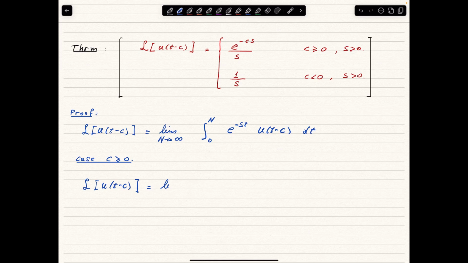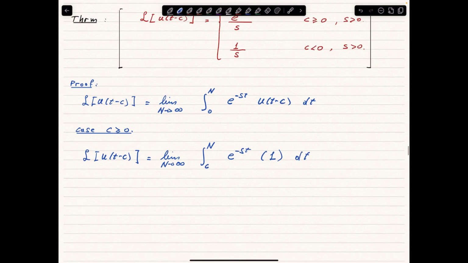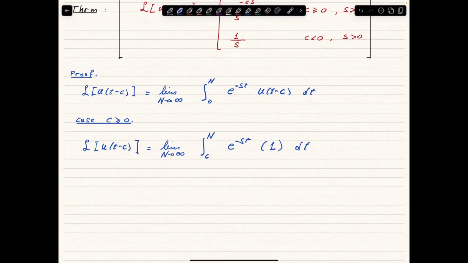It is the limit as n goes to infinity, but now, because the step is 0 for t less than c, we can integrate from c to n, and in that region we still have the exponential negative st, but the step is going to take value 1, dt. So it's very simple. Now we have two cases.